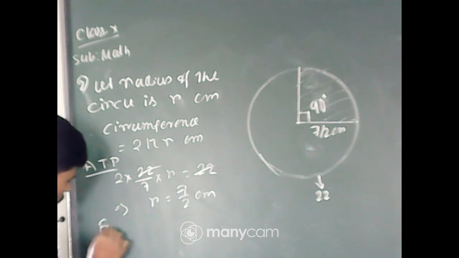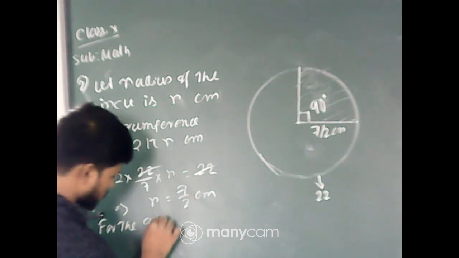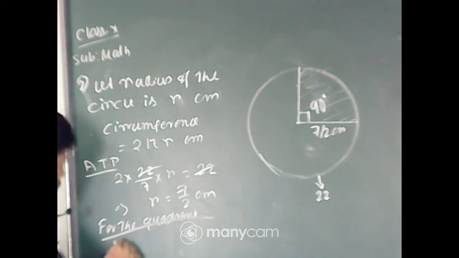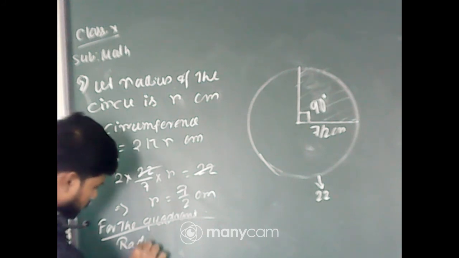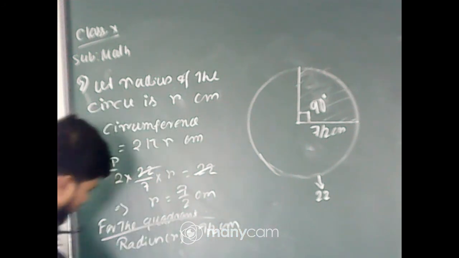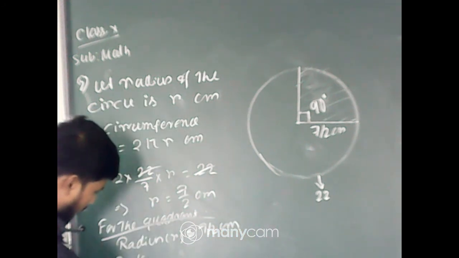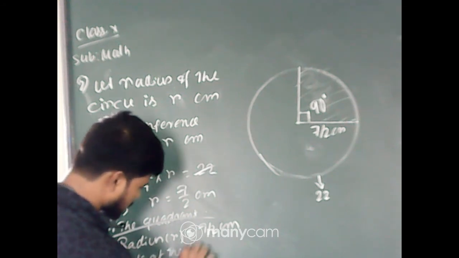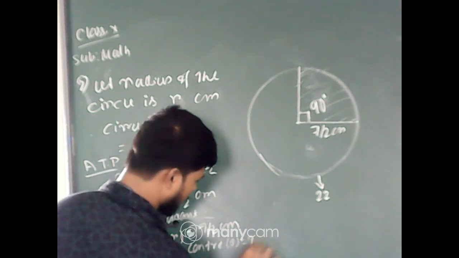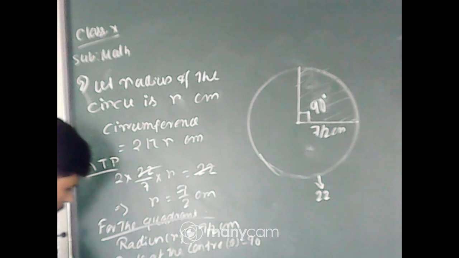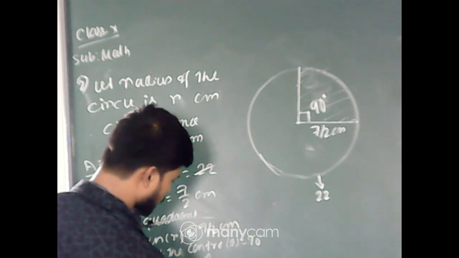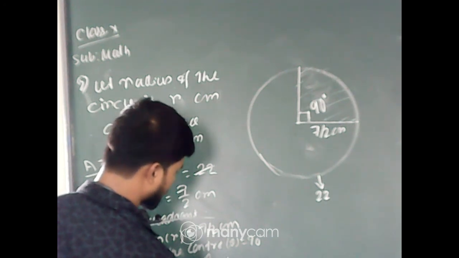For the quadrant, radius is 7 by 2 centimeter. Angle at the center is equal to 90 degree. Therefore area is, put the formula, theta by 360 degree into pi r square.